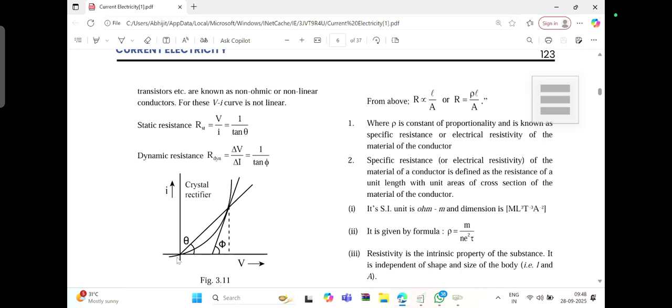You can see this curve shows the non-ohmic curve, and the slope is tan phi, represented here.